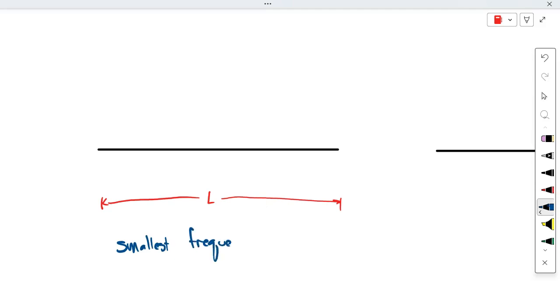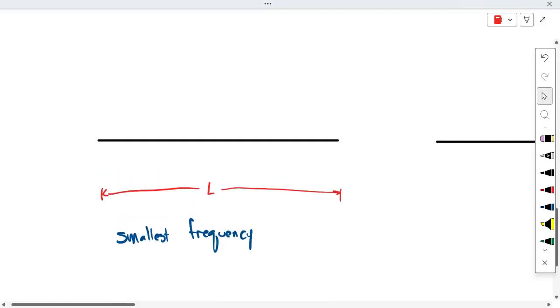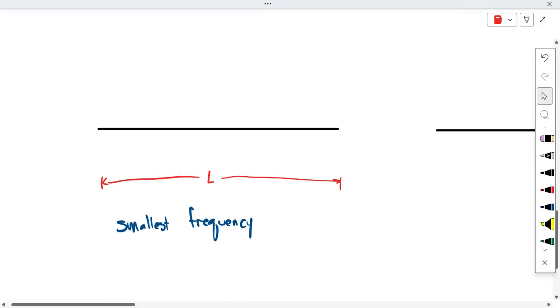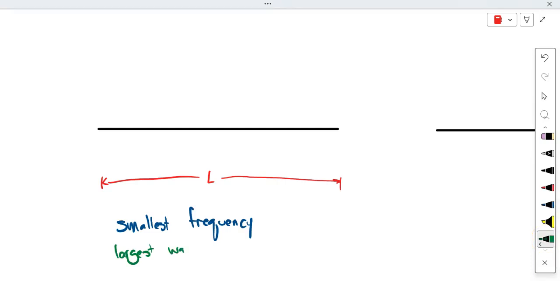the lowest frequency, which translates to, now this is a single uniform medium, so that means there's a wave that travels at a constant speed along here. So a small frequency means the largest wavelength.